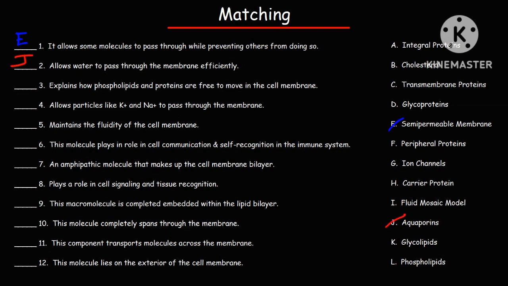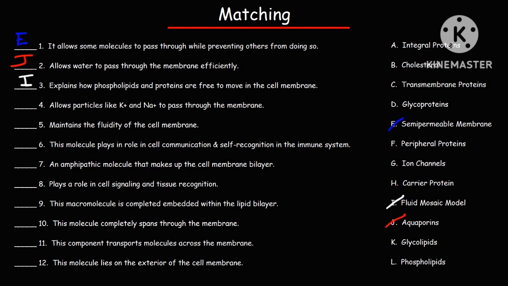Number 3. This explains how phospholipids and proteins are free to move in the cell membrane. So this is going to be the fluid mosaic model. So we're going to put letter I for number 3. Number 4.